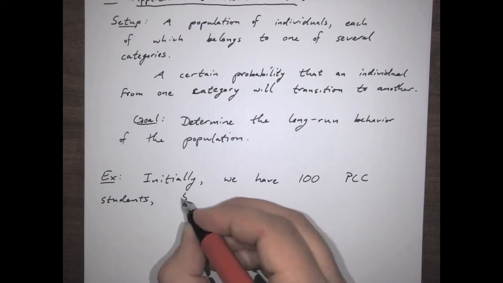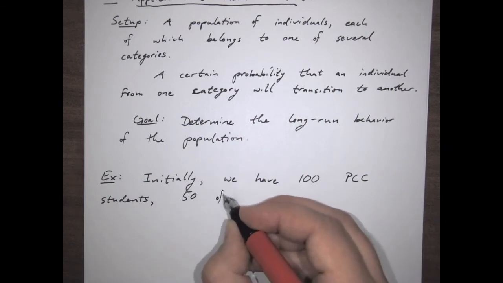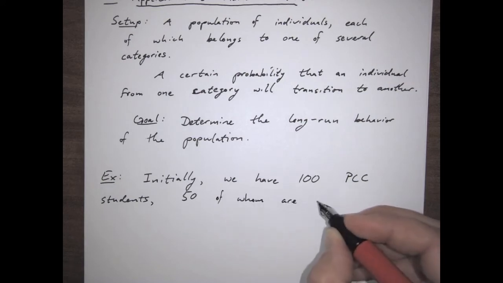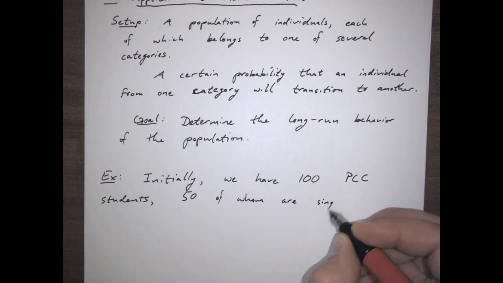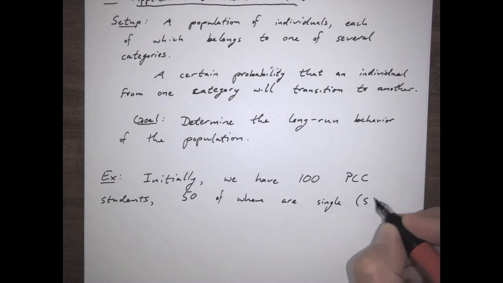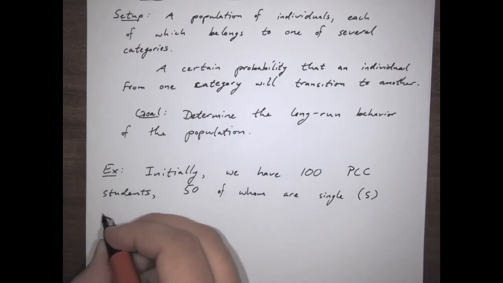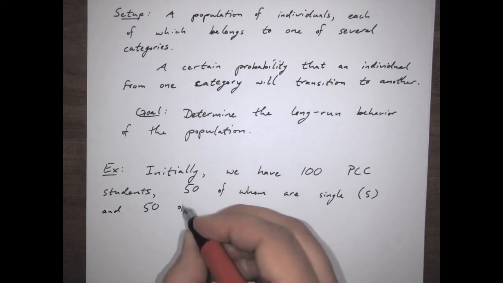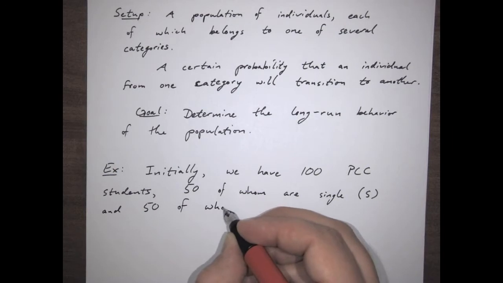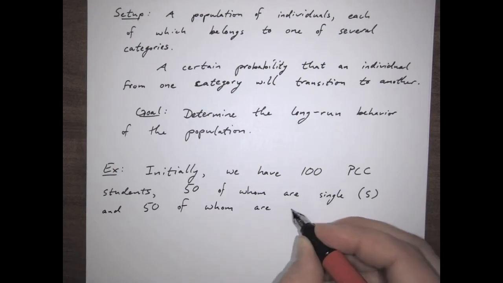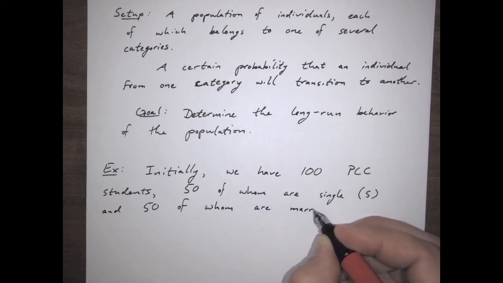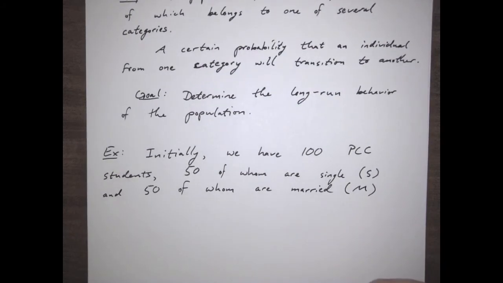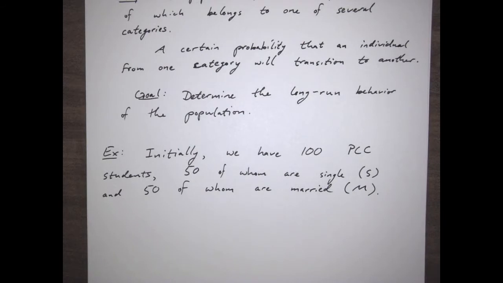Let's say 50 of whom are single, we'll write S for that, and 50 of whom are married, which we'll write with an M. So we have two categories, single and married.